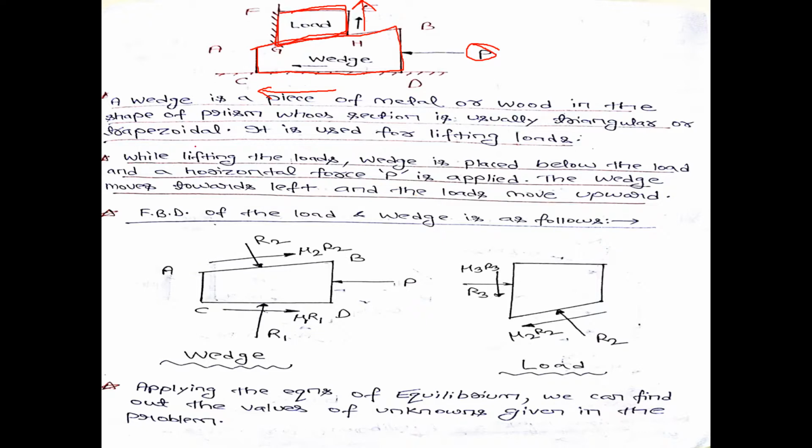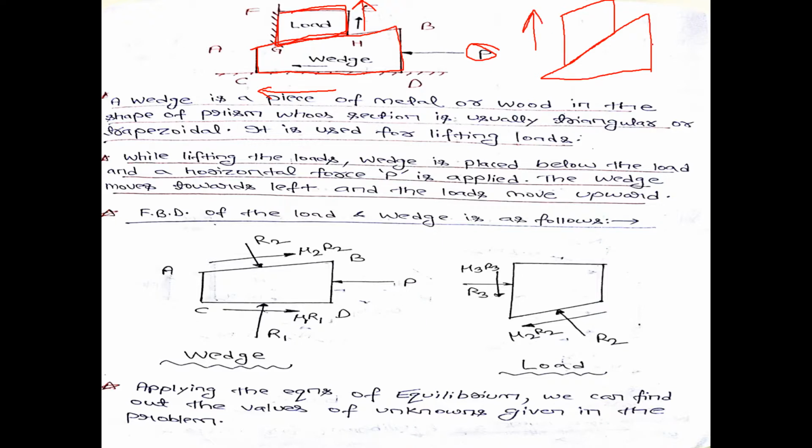Again, I am repeating, what is a wedge? A wedge is an object with the help of which you can raise any kind of load. Now, the shape of this wedge can be either a trapezium or a triangle. If the wedge is triangular, then this is the cross section of the wedge. Now, over this wedge, if you keep a block like this and you are interested in raising this block, how can you raise it?